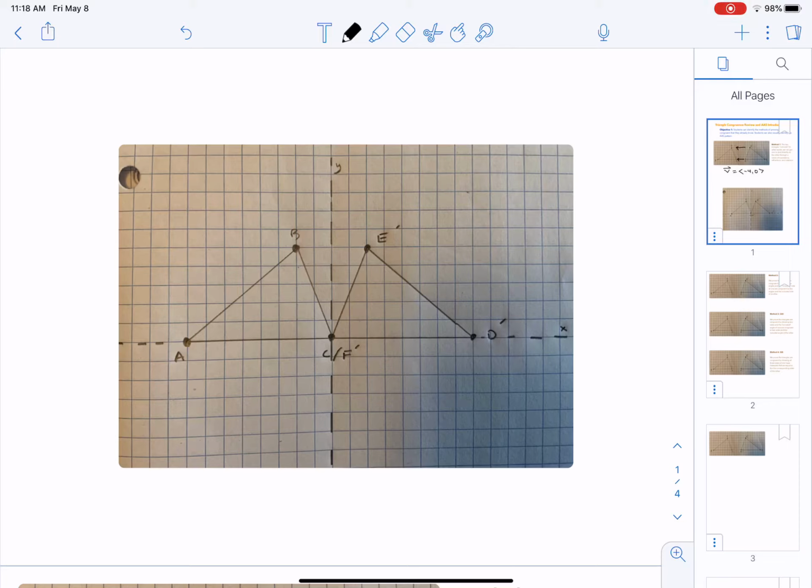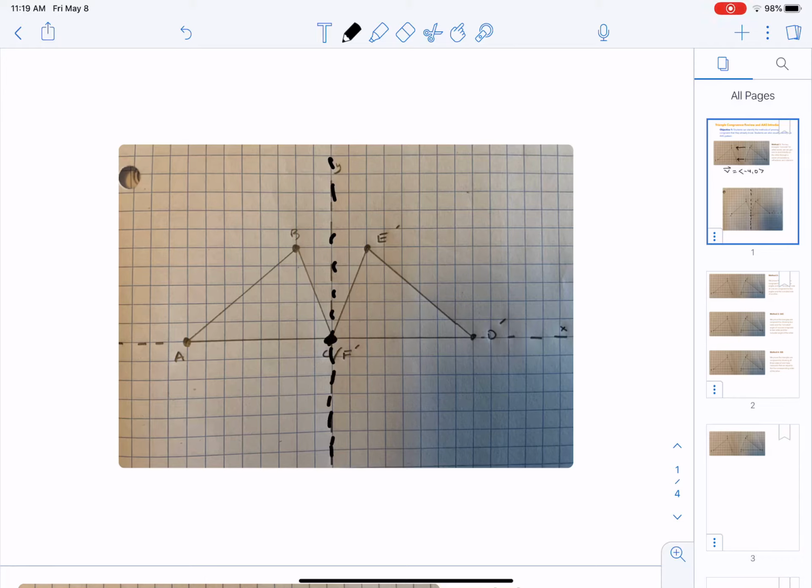You might want to stop and think. You have your tools here: translations, reflections, rotations. What might cause this new triangle, D prime, E prime, F prime, to land on top of ABC? You might think it's a reflection across a line. I'm imagining now that this point is at the origin.